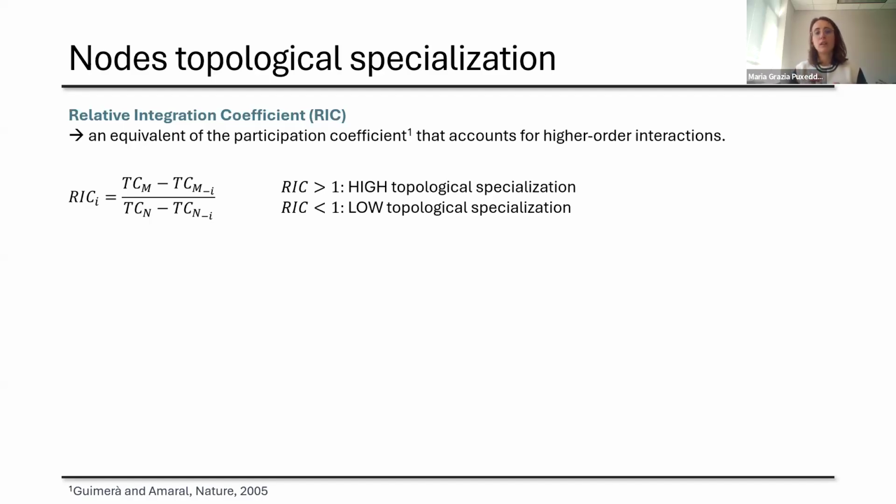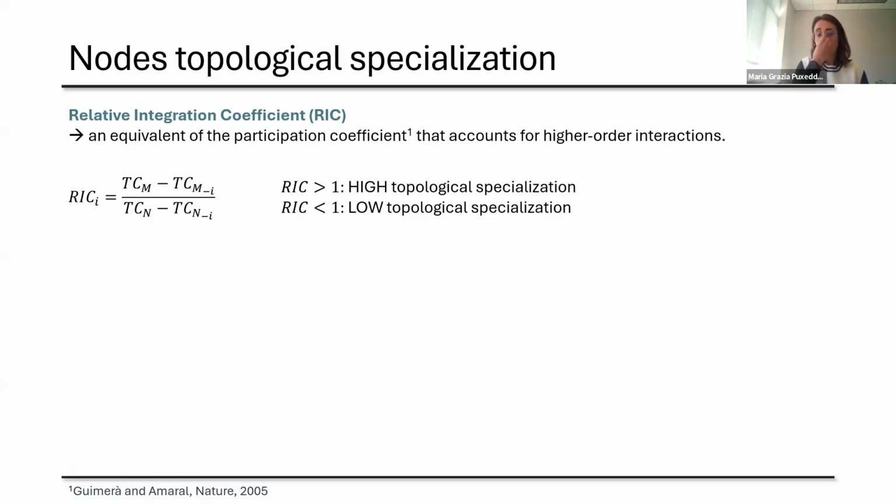Here we want to characterize nodes in a similar fashion to see what are the nodes that have higher and lower topological specialization. However, unfortunately, information theory measures cannot be computed locally. So we cannot have local measures of redundancy or information at the node level.